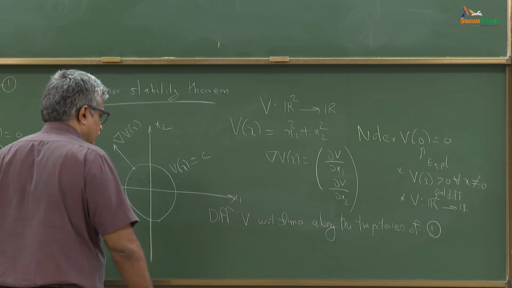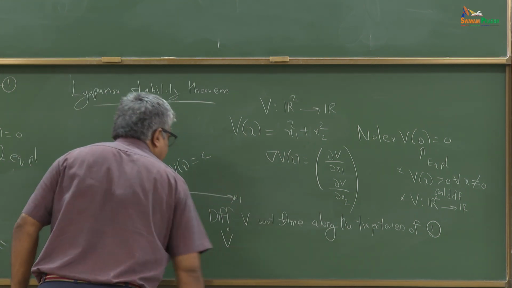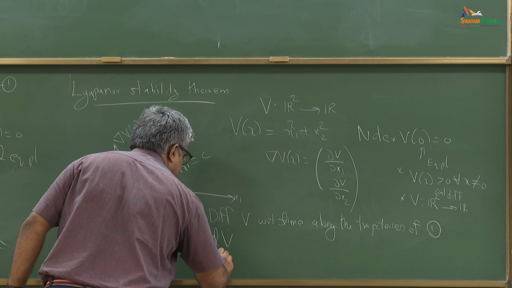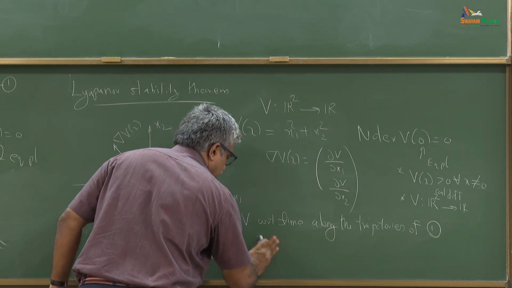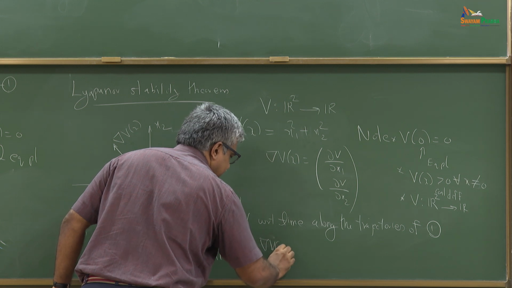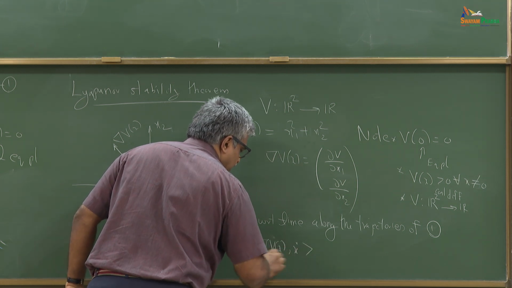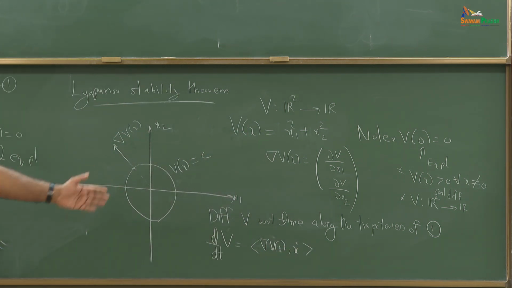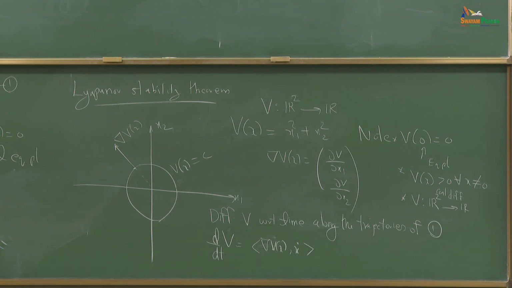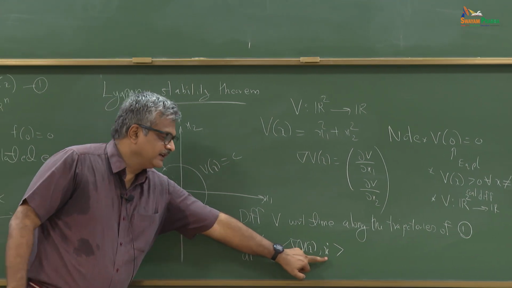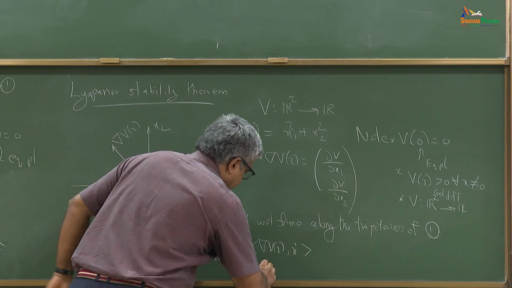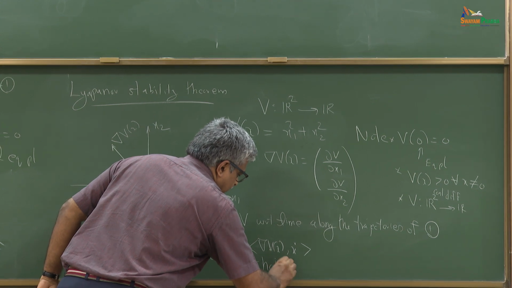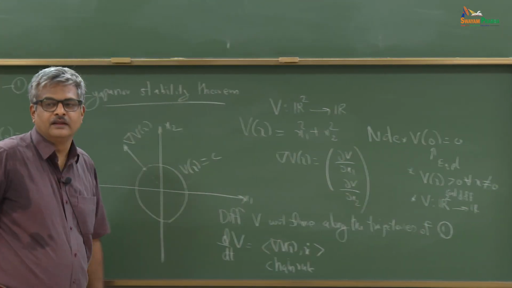What is this dV by dt? It is nothing but the gradient of V of x into x dot, and it's an inner product, a dot product between the gradient and the x dot. This is the chain rule, your good old chain rule.